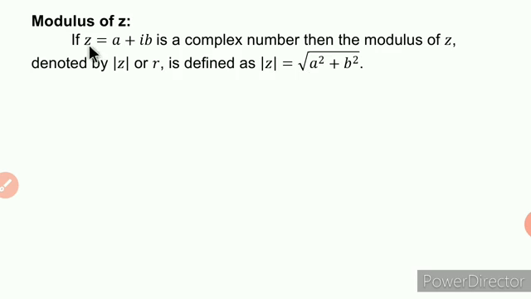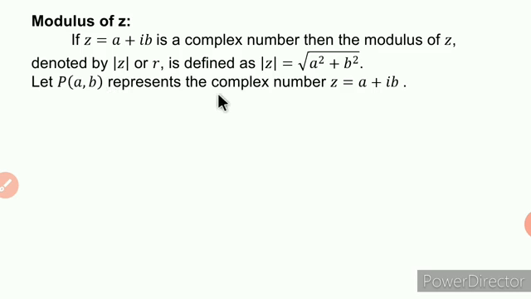Now again this complex number can be represented in the Argand diagram by using a point having coordinates a, b. And so let P(a, b) represent the complex number z is equal to a plus ib, and therefore r is equal to mod z, which is equal to square root of a square plus b square, and it is nothing but the distance of point P from the origin, that is OP.